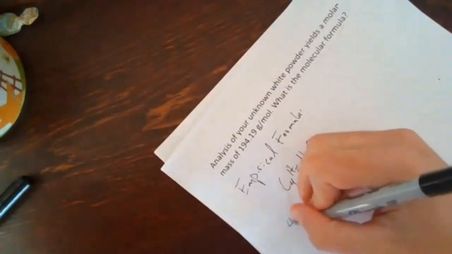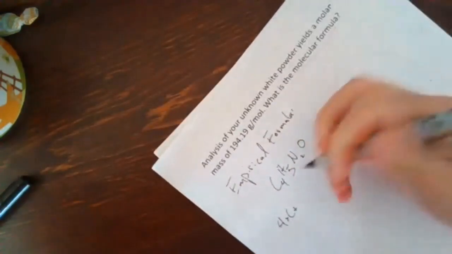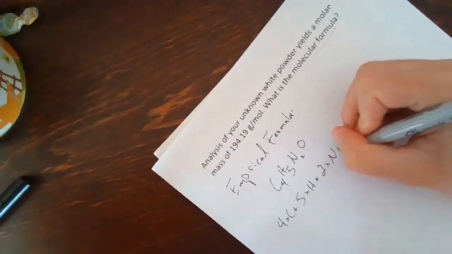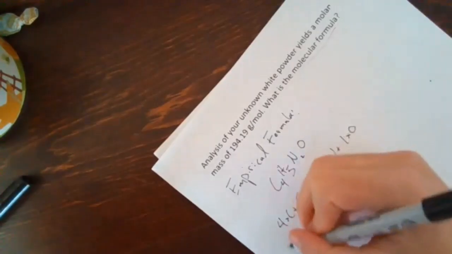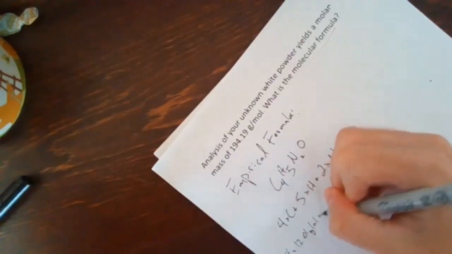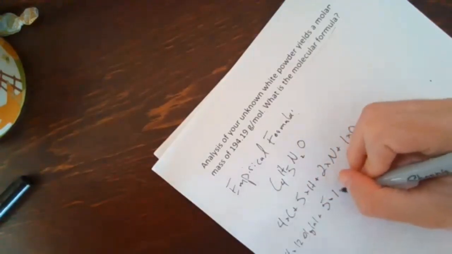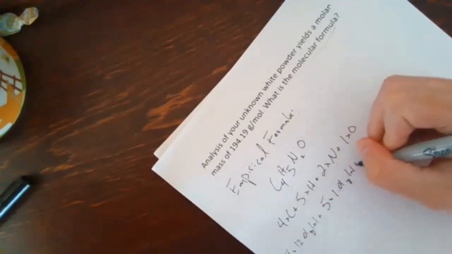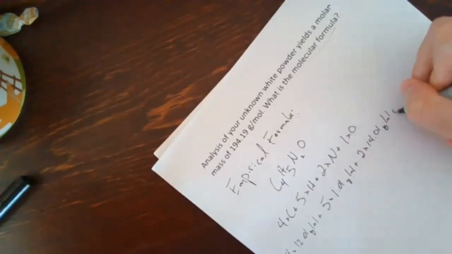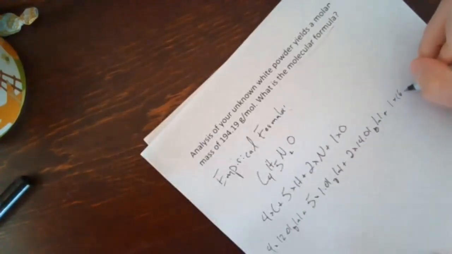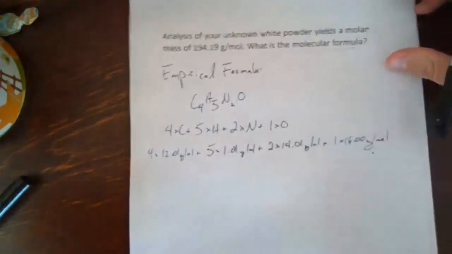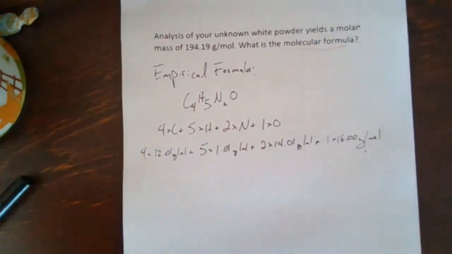It's going to come from 4 times the carbon plus 5 times the hydrogen plus 2 times nitrogen, 1 times oxygen: 4 times 12.01 grams per mole, 5 times 1.01 grams per mole, 2 times 14.01 grams per mole, plus 16.00 grams per mole for my oxygen.